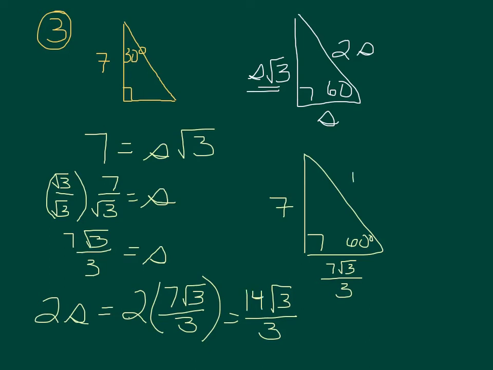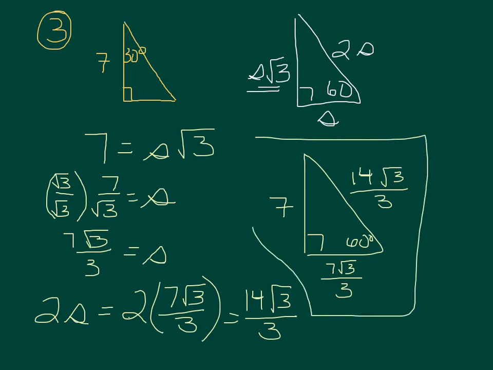It looks awkward, but if you put it into your calculator and get a nice decimal, it'll make some more sense than this exact answer. But nevertheless, that was some pretty basic arithmetic that we did to get the lengths of all of our sides.